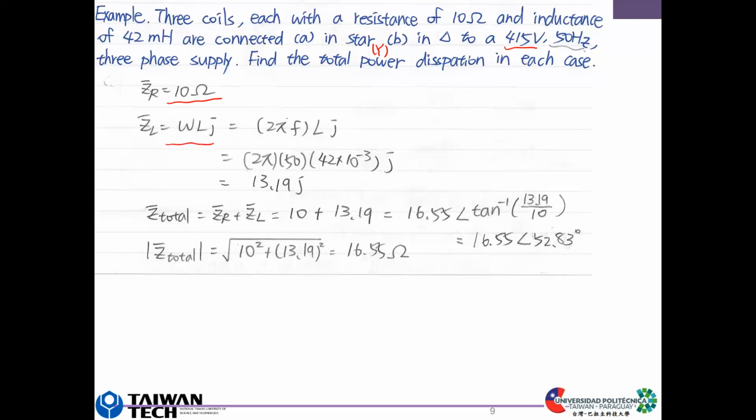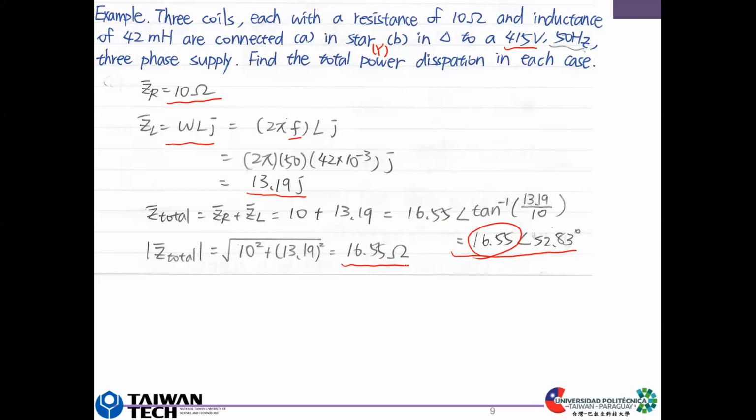Since we have 50 hertz, we also get the inductive reactance, which is 13.19 j, and Z total is represented by this. We just need the amplitude of the phase, which is 16.55 ohm. Okay, so this is the amplitude of the impedance.